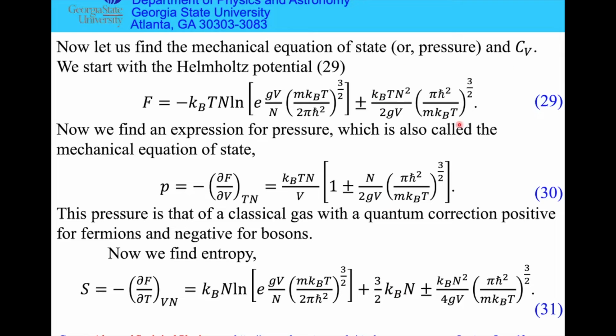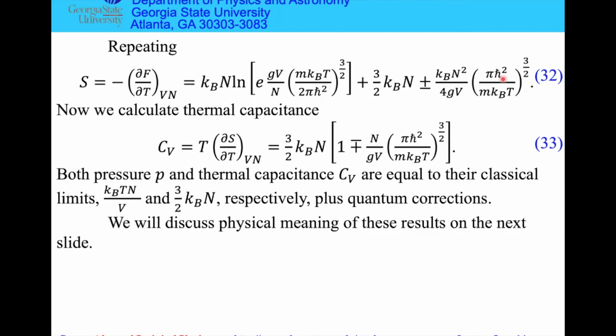Now, when I differentiate this over T, this is T, and this is T to the power of 3/2. So the result is T to the power 1/2 in the denominator, T to the power minus 1/2. I differentiate it, I'm getting 3/2 and the coefficient 1/2 extra. So instead of 2 GV, I will get 4 GV, and this power is restored. So T is again to the power of 3/2. And this T, of course, disappeared. This is the expression for entropy. So I'm repeating this expression here.